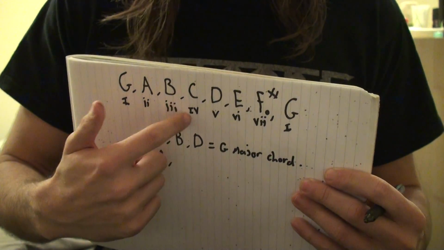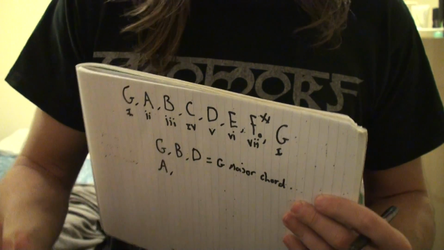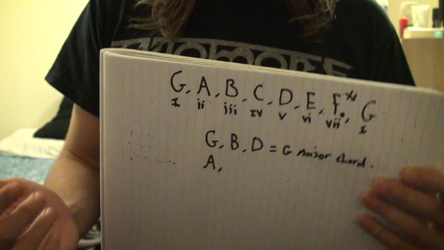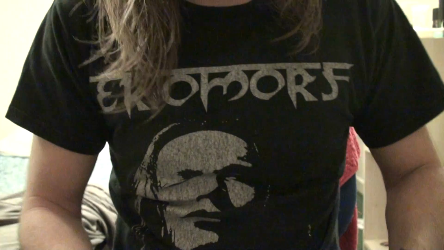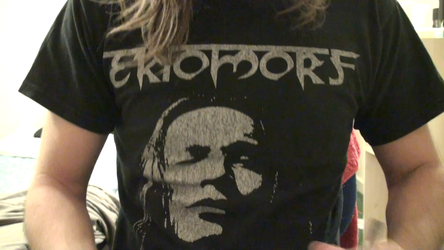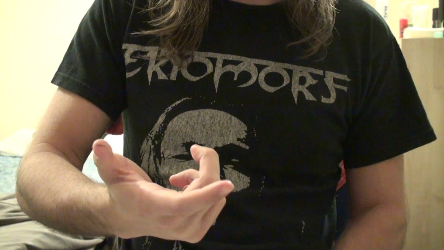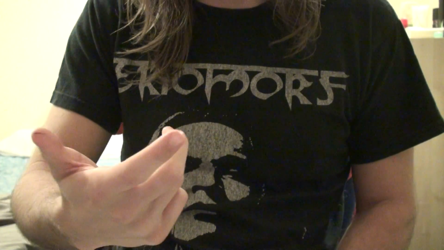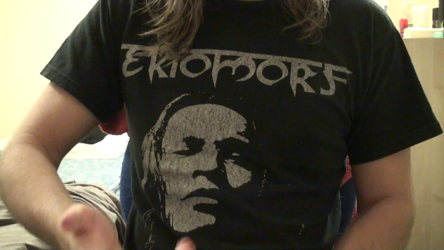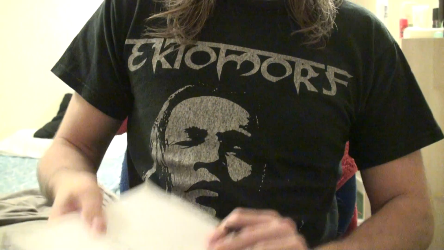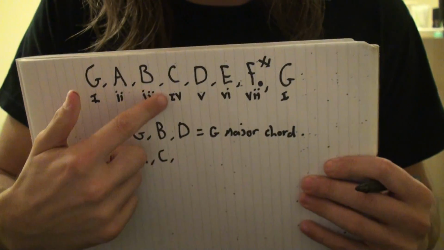Then from B to C, we have one note because there's no B sharp. So that's 1.5 together, 3 notes. So we know that C is our third note. Like I say, from a first to a flattened third, that's 1.5. Then from a flattened third to a fifth, that's 2 tones. That is our minor triad chord spelling.